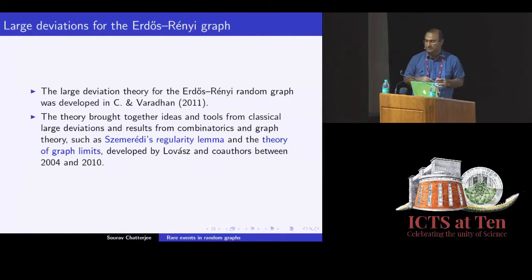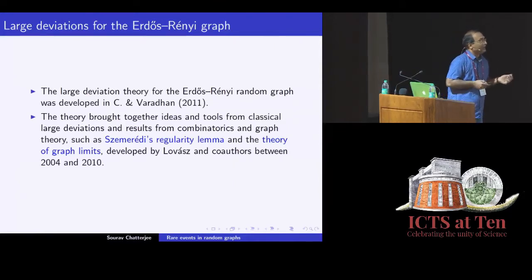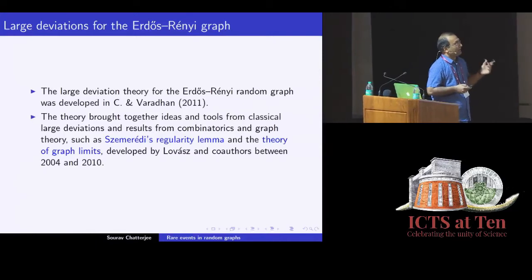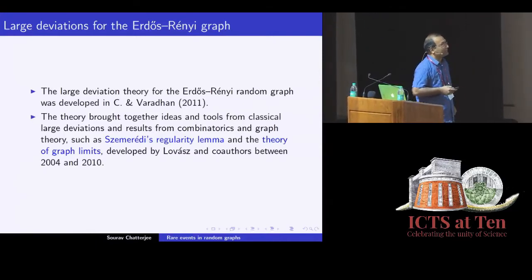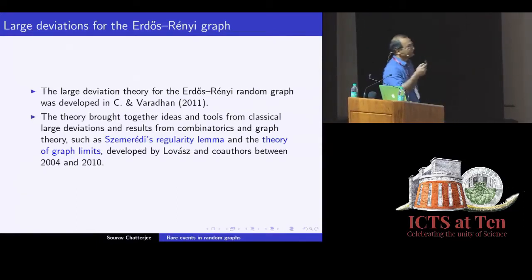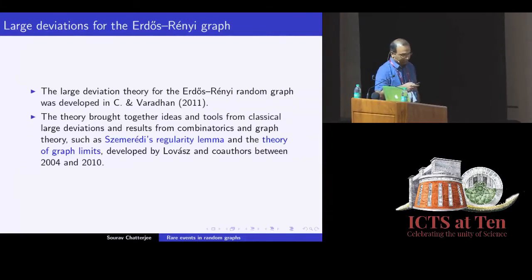Lovász has a book which includes this development, this theory of graph limits. So what do you mean by the limit of a sequence of graphs? This abstract setup has been developed. And we use that, and we use this tool of Szemerédi's regularity lemma. And this helped us build this theory of large deviations for random graphs.